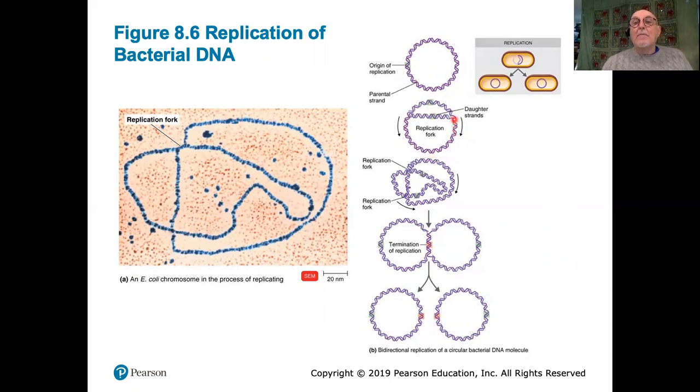We end up with two strands here. It runs around and around and around until they meet. Those two replication forks are going to meet at the origin again. And in a circle, just because of the geometry of it, in the circular chromosome of the bacteria, we end up with these two chromosomes tied with one another like that.